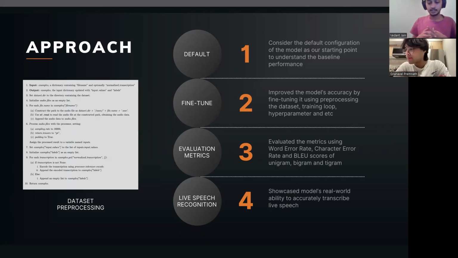The reason we had to process the audio files was because the Wav2Vec 2 model only takes audio files with a sampling rate of 16 kilohertz. Hence we processed the audio files and normalized the audio labels for the ease of fine-tuning and training the model on our custom dataset.